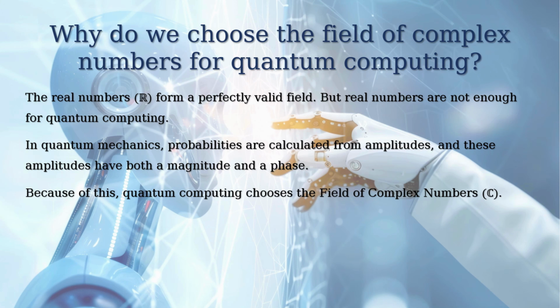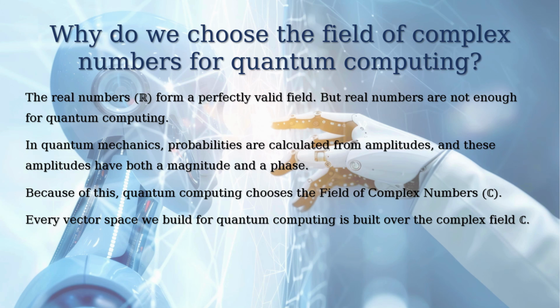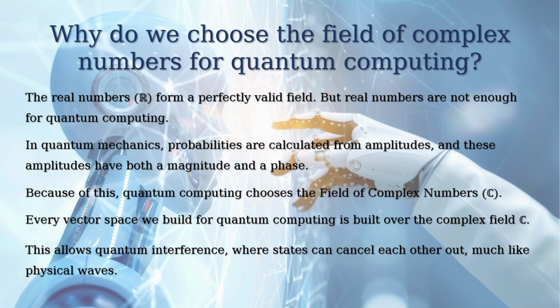Because of this, quantum computing chooses the field of complex numbers. Every vector space we build for quantum computing is built over the complex field C. This allows quantum interference, where states can cancel each other out, much like physical waves.